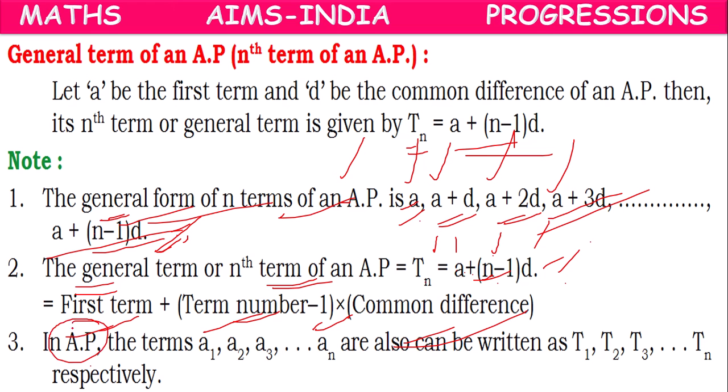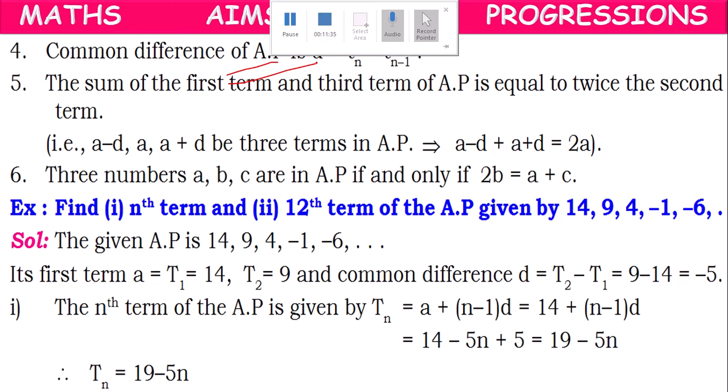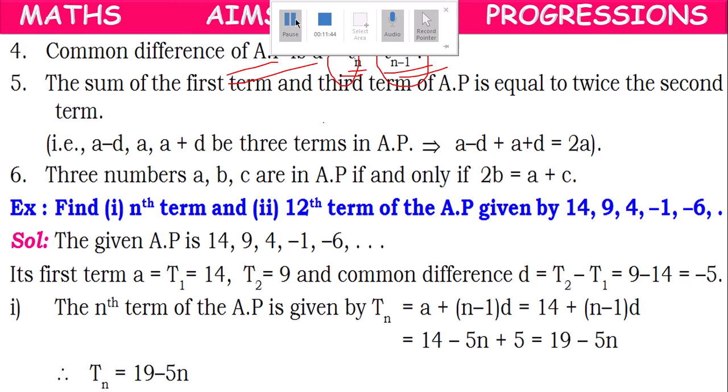In arithmetic progression, we can write the terms as a1, a2, a3, and so on up to an, or they can also be written as t1, t2, t3, and so on up to tn. The common difference is d, whose formula is given by tn minus tn minus 1, the nth term and its previous term.